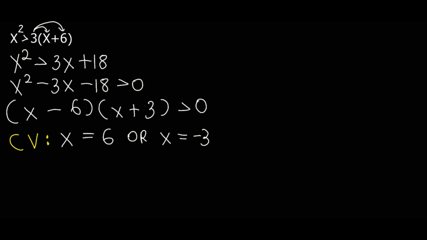And then from there we look at what the leading coefficient is. We can see that the leading coefficient is positive. So because it is positive, our graph will be concave up. And then we have positive 6 and negative 3.